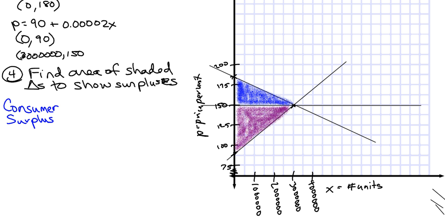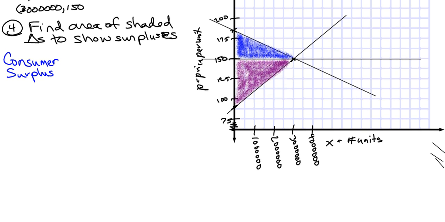For that one, we have this little blue triangle here, and we can just do that old area is 1/2 base times height. When you look at this, and I'll write in yellow and then I'll erase it, we can call the base from here to here, that distance right there, 3 million.